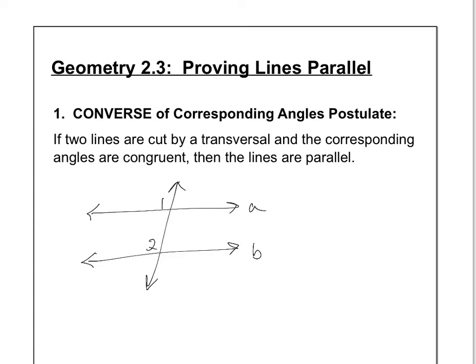For instance, if these angles right here, angles 1 and 2, are congruent, then the lines have to be parallel. In the last lesson, we learned if the lines are parallel, the corresponding angles are congruent. Today, we're learning the converse. If the corresponding angles are congruent, then the lines are parallel. So we can say if angle 1 is congruent to angle 2, then A is parallel to B.